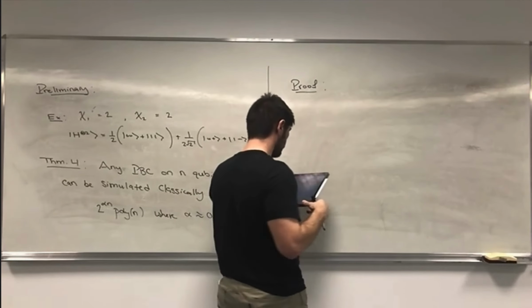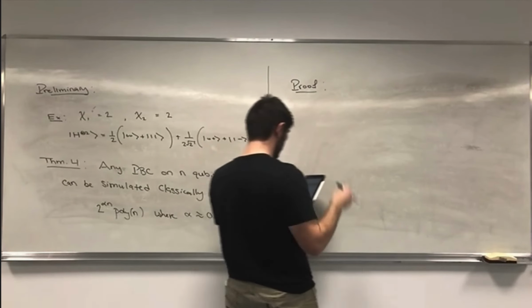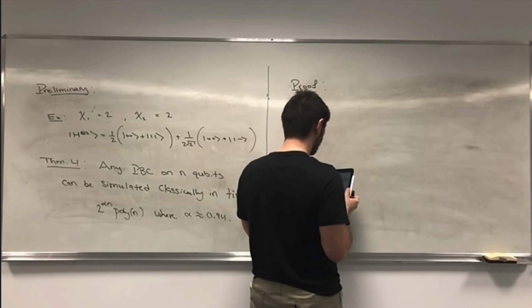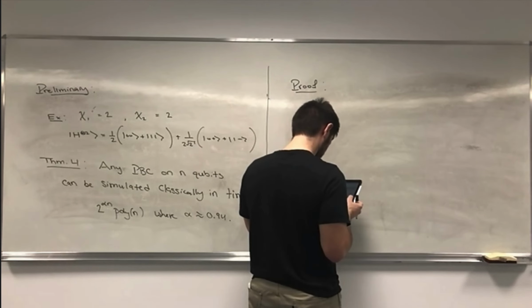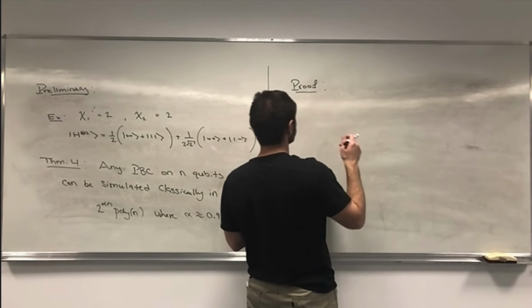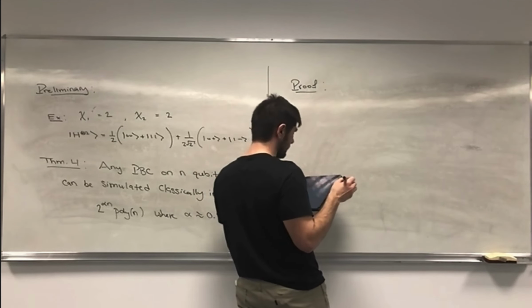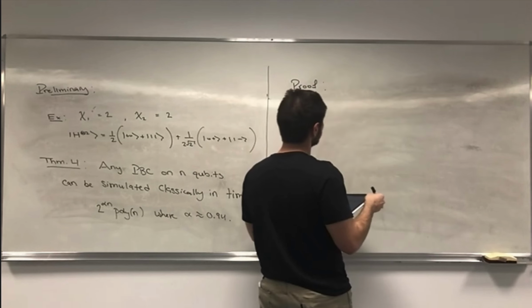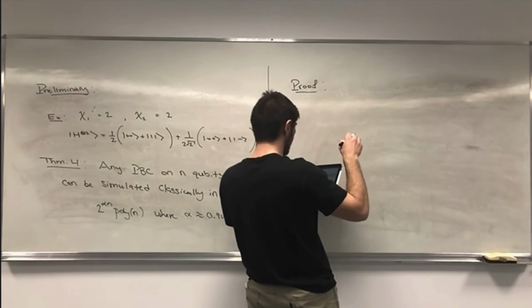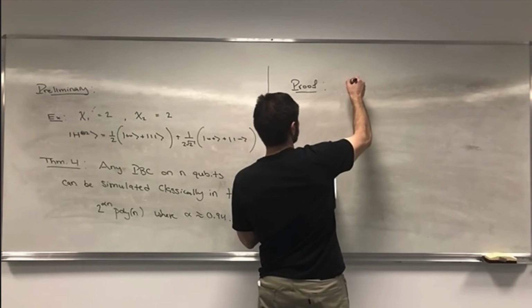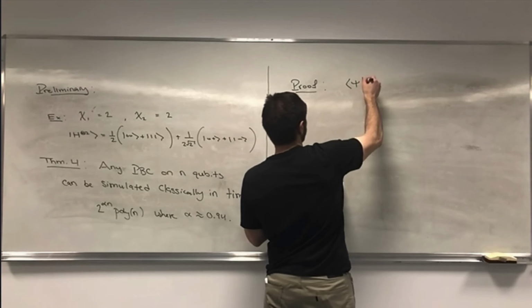Okay, so what we want to do is compute the following quantity. We have a sequence of Paulis, and so the projection onto the joint eigenspace will be given by pi. So we want to be able to compute this.